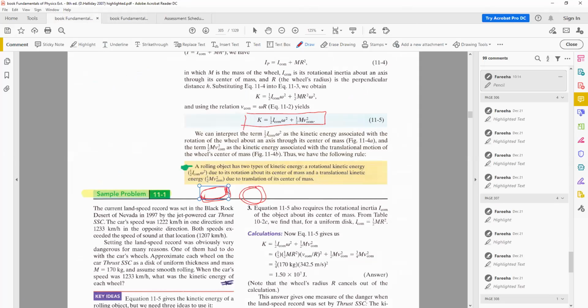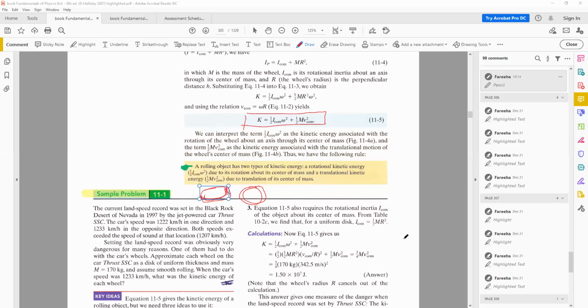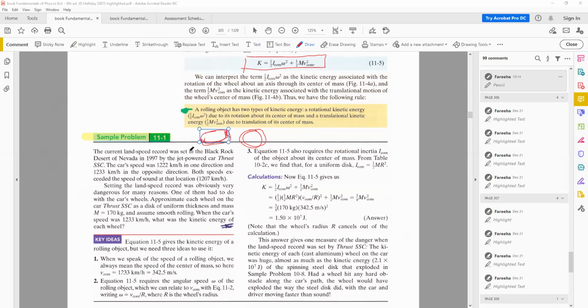Now I'm going to go back to the problem that we were solving and share it with you. We talked about the formula and this is the formula we got from the table, half m r squared. And instead of omega, we are using Vcom divided by r, just as I discussed in the beginning of this class.